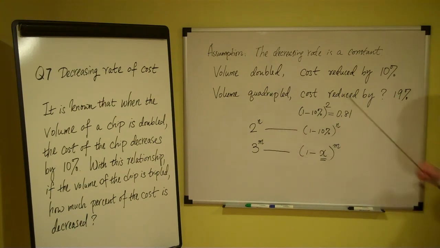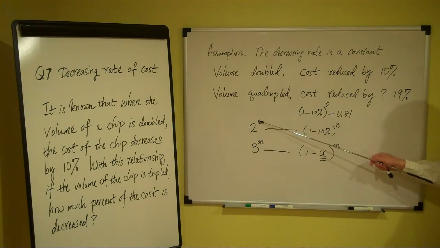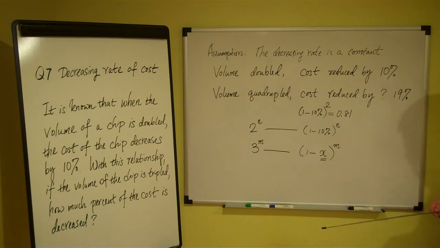They could be non-integer positive numbers. So we assume even for non-integer positive numbers, this relationship is still true. That's our assumption. Is it a reasonable assumption?